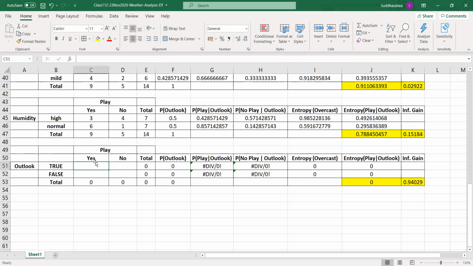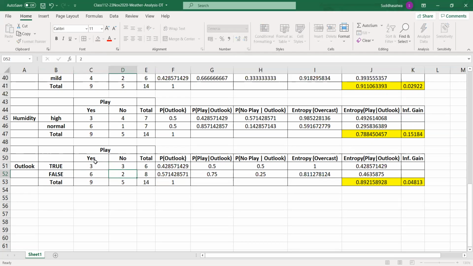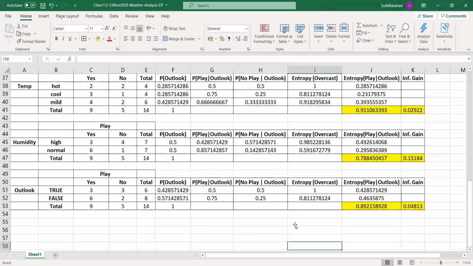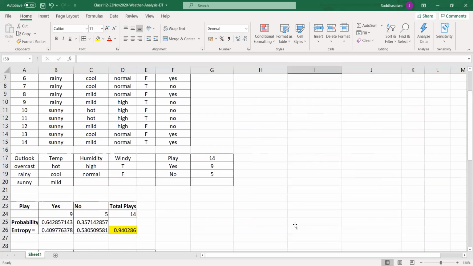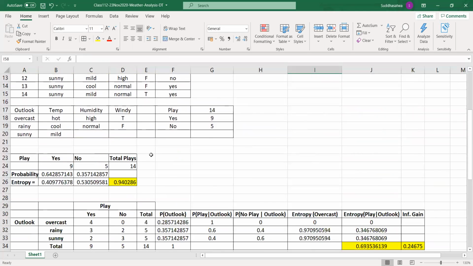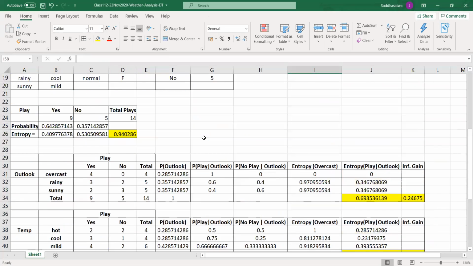If this is 3, 3, then the other should be 6 and 2. So I have done the calculations now. I hope you got the point here.